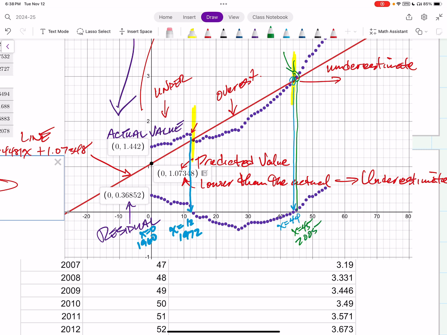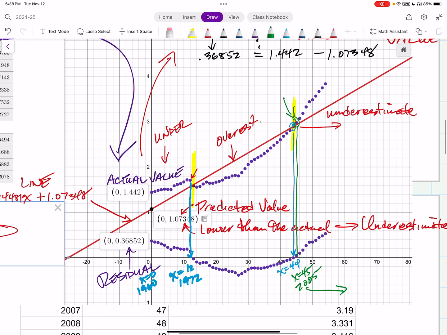So 2005 on, okay, the actual is greater than predicted. So again, this is actual. The red line is the predicted value, when you're on the regression line. So whenever the actual is greater than predicted, it's an underestimate.